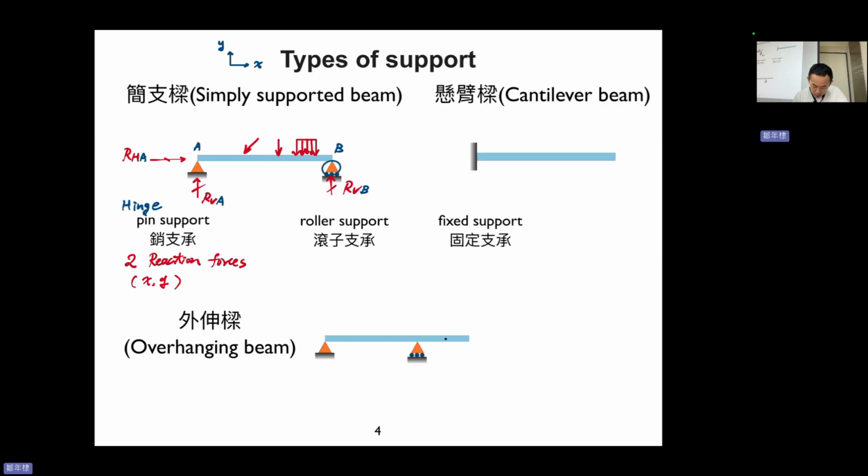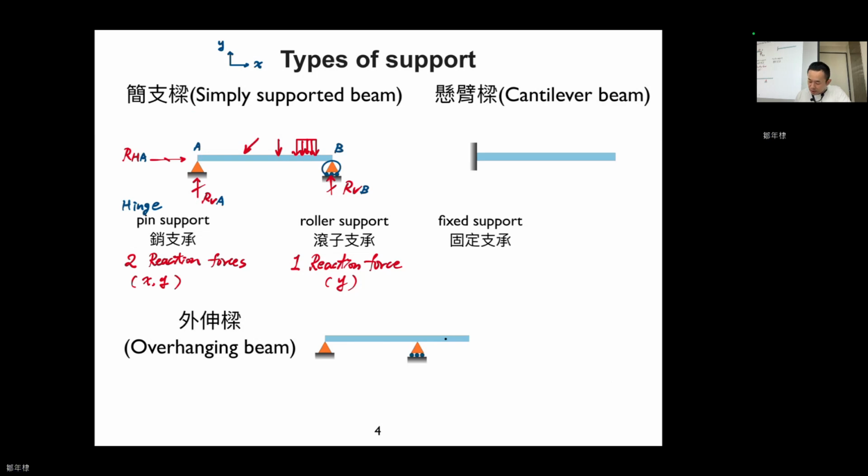Roller support provides one reaction force, in the Y direction. The train track can move left and right, but you cannot jump off the track.